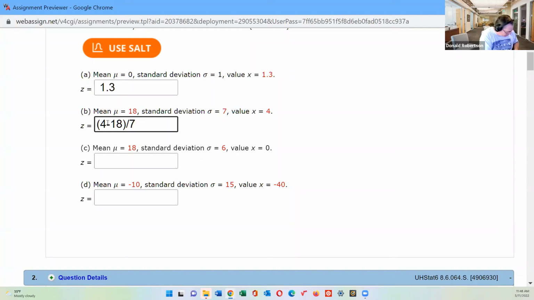So I'm doing it right now, bracket, 4, take away 18, close the brackets, divided by 7, and the answer I get is -2. Are you comfortable about the way that they ask you to get z-scores? The mean is going to be called mu, and the standard deviation is going to be that little funny sigma.